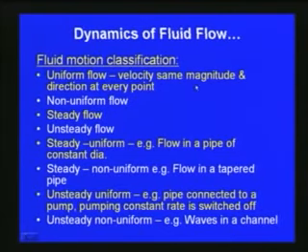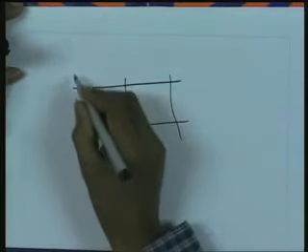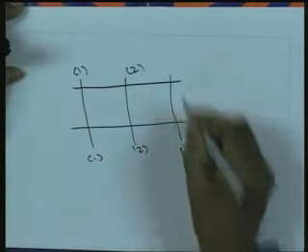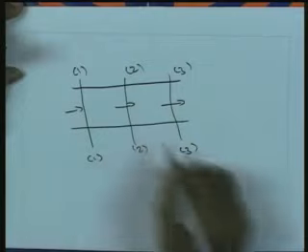Uniform flow, as we discussed earlier, means the velocity is the same in magnitude and direction at every point. Consider, for example, a channel flow with various sections, say section 1, section 2, section 3. Here the flow is in this direction, and this is a prismatic channel which we consider.